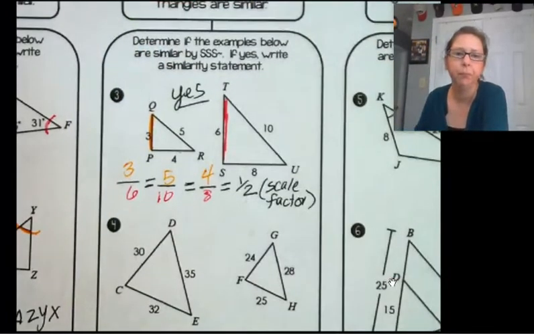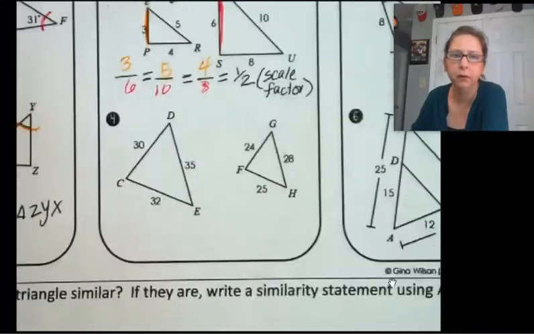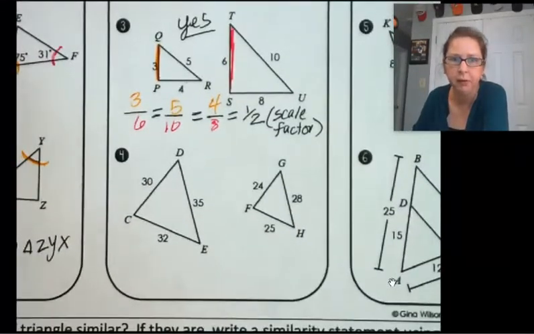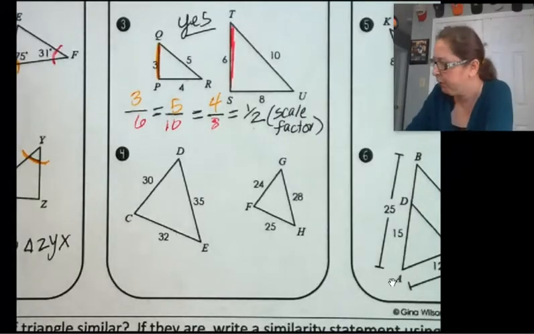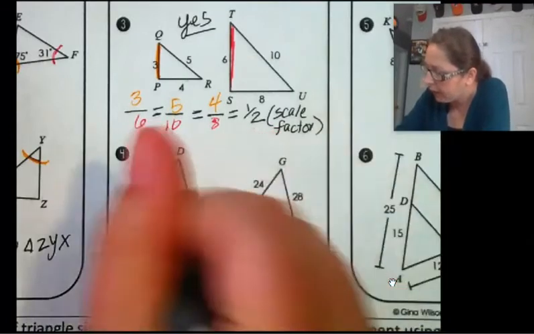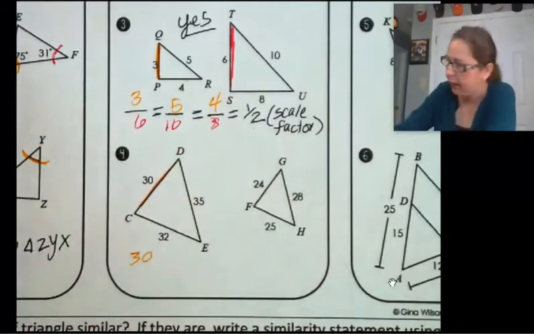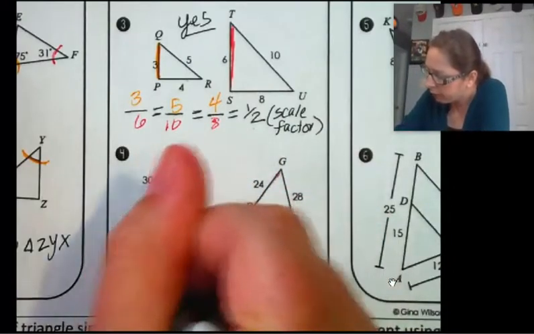Okay. Let's take a look at example number 4. So I'm going to leave 3 up there so we can look at it. All right, let's do the same thing again. This time I'm going to do the big triangle on top and the little triangle on bottom. So 24.